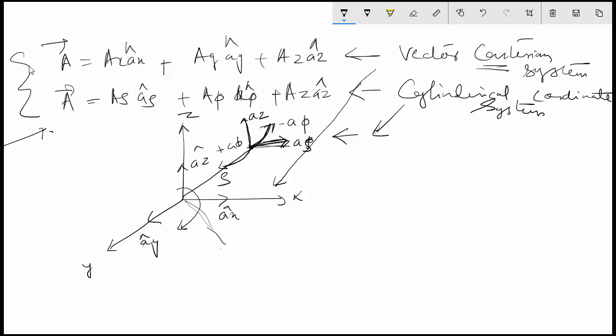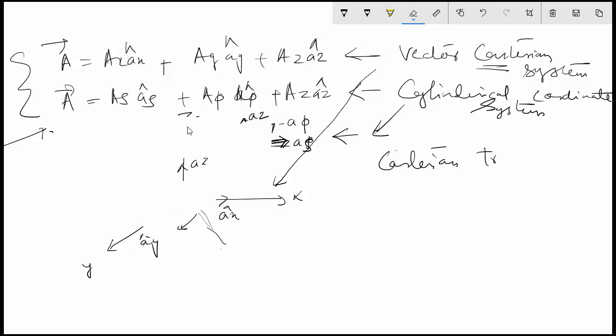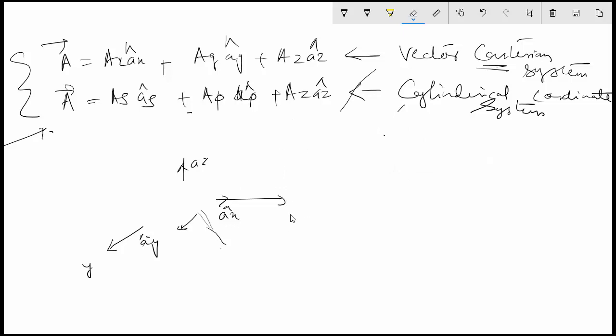So now the task is how you will be transferring from the Cartesian system to cylindrical and vice versa. So simply what is possible is to find the relation.